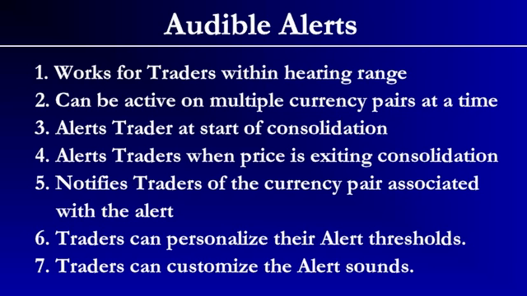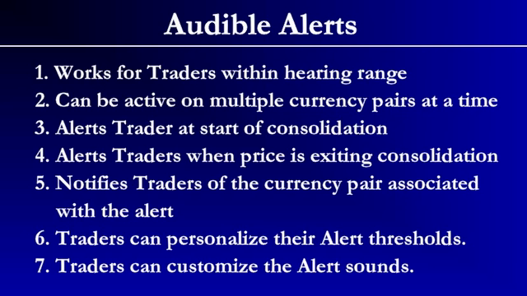So what are these audible alerts? Well, first of all, they work for traders that are within hearing range of their computer, so that when the alert sounds, they're close enough they can get to their computer and see what's happening and take action accordingly. And these alerts can be set up on multiple currency pairs at a time.